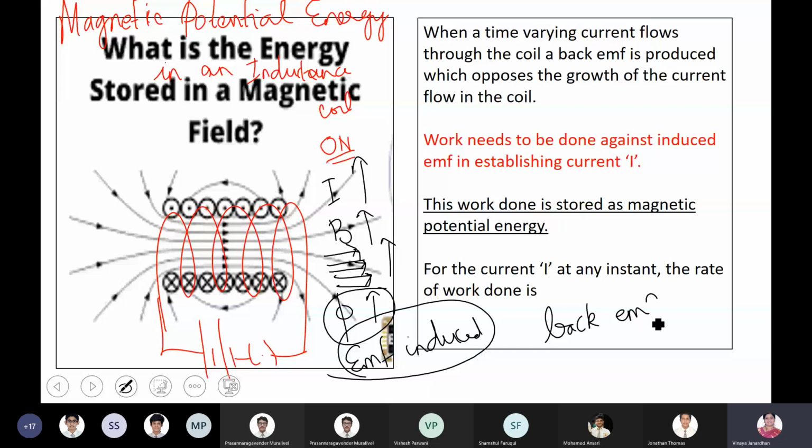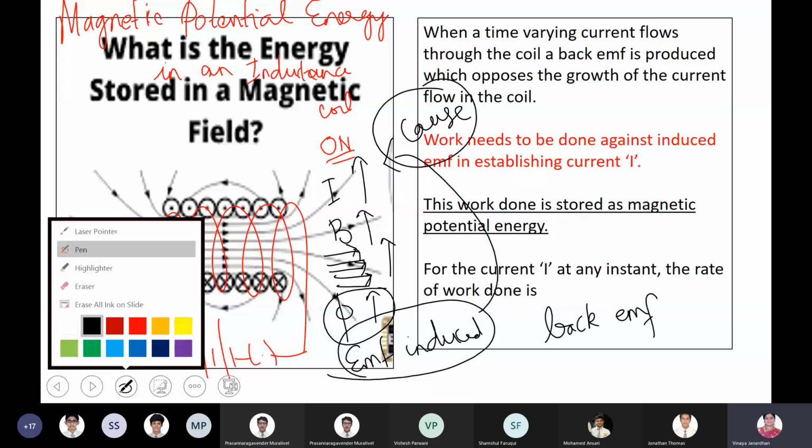According to Lenz's law, the induced EMF opposes the cause which is producing it. What is the cause?